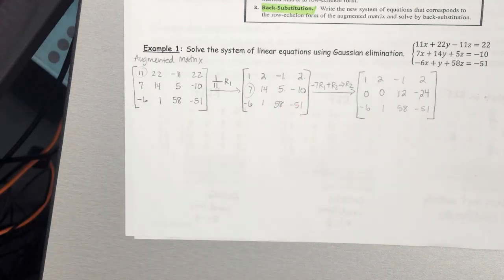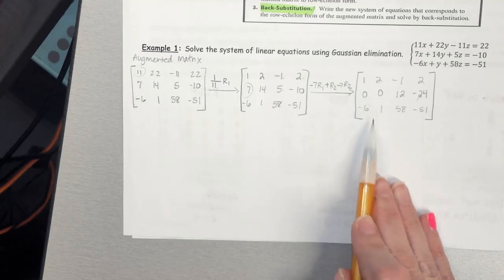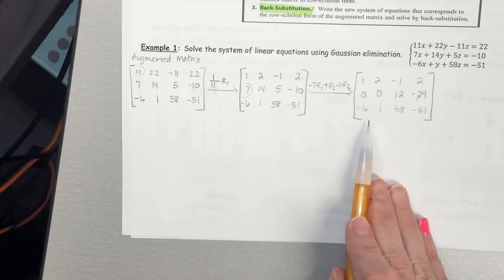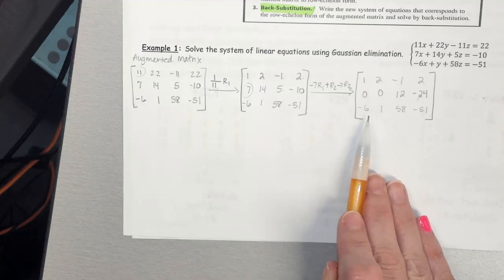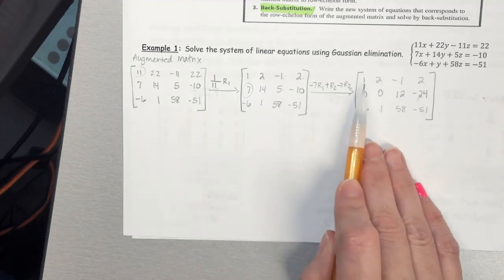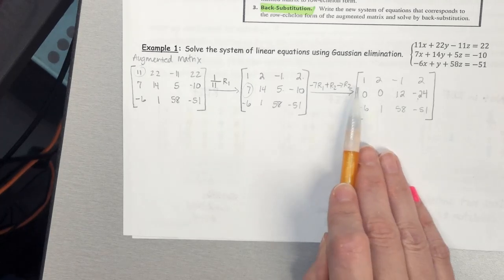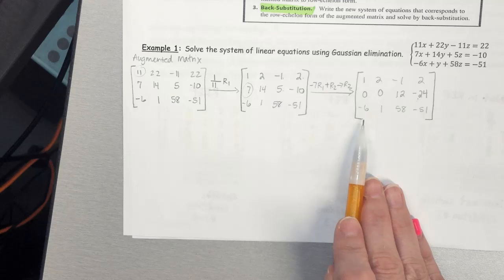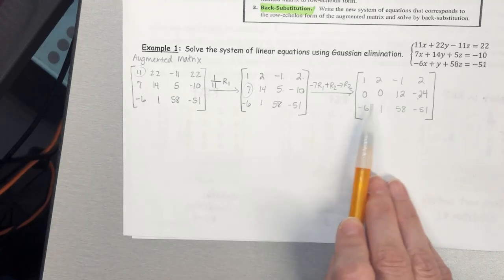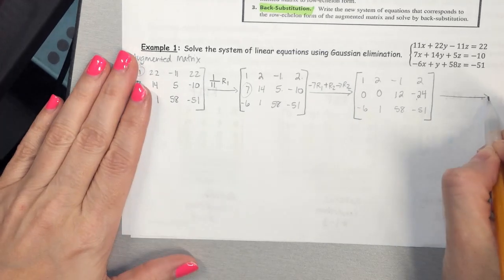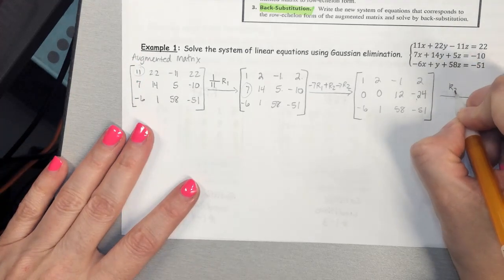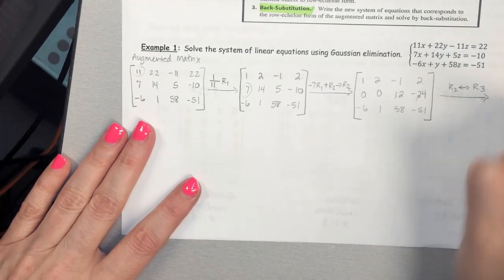Okay, so the next thing that you can do is see how you have the 2 zeros and you really want 2 zeros here. So if you wanted, you have a couple options here. You can multiply by 6 and then add this here. So multiply row 1 by 6, add it to row 3 to get that 0. Or what I recommend for this is that you flip row 2 and row 3.